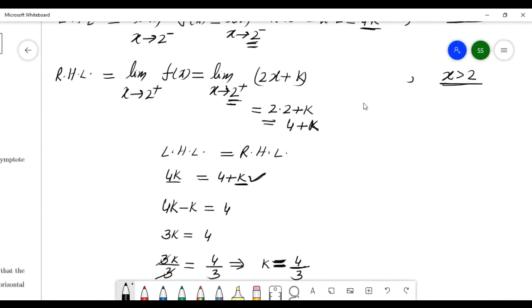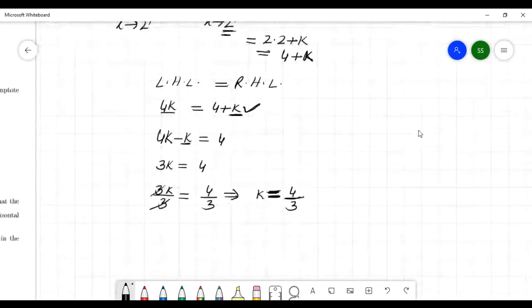This will be minus k. Okay or not? 4k and minus 1k, this will be 3k equal to 4. So k equal to 4 by 3.